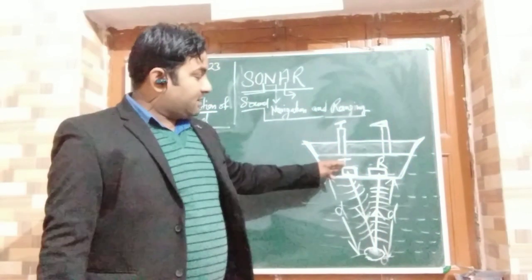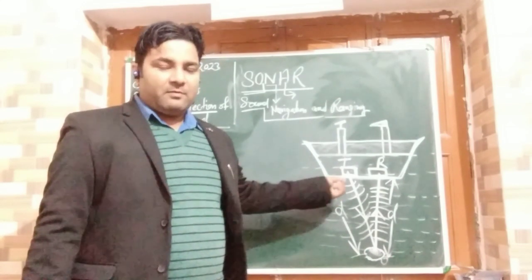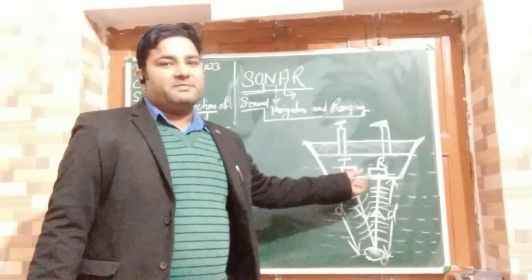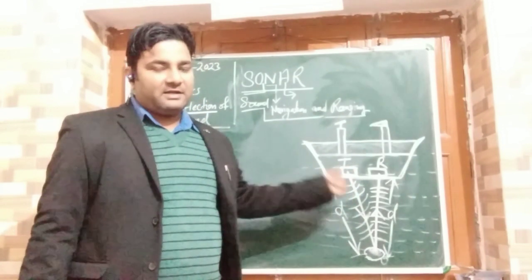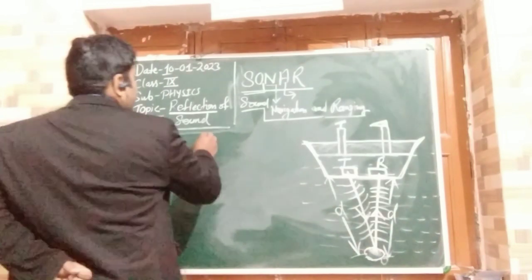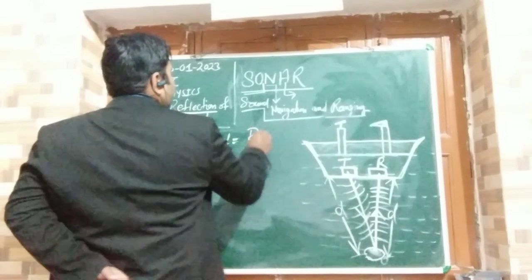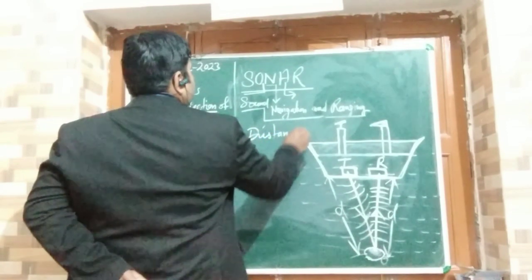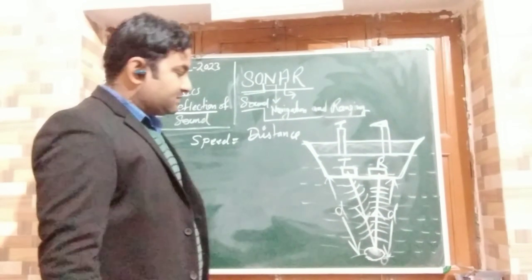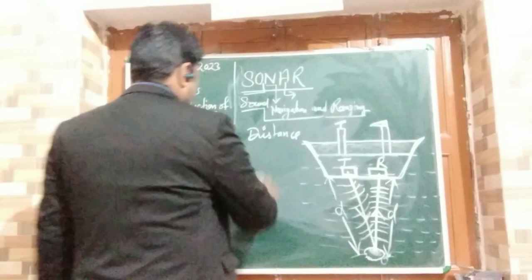Whenever this wave is generated, there is a time interval between transmission and receiving, and that time interval must be noted. Clear? And the time is well known. Then speed is equal to distance upon time. It's a very popular formula given in class 9th, first chapter, that is motion. Clear?